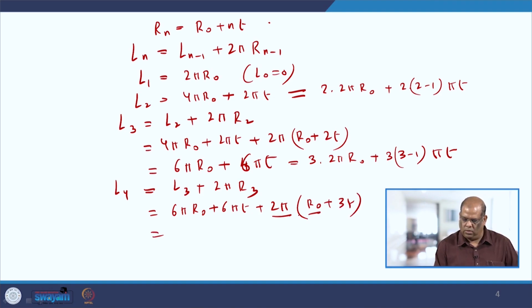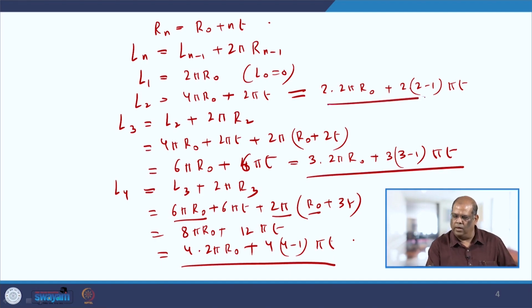So, 6 pi R0 plus 2 pi R0 is 8 pi R0, and 6 pi t plus 6 pi t is 12 pi t. And this can be written as 4 times 2 pi R0 plus 4 into 4 minus 1 into pi t. So, now you get the pattern.